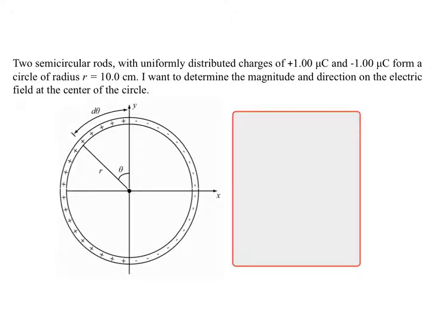We're going to do mostly the same math, but obviously the integration will be over a different angle, a full pi angle. We have particular charge values, plus 1 micro, minus 1 micro, a particular radius. Let's get at the direction and magnitude of that.